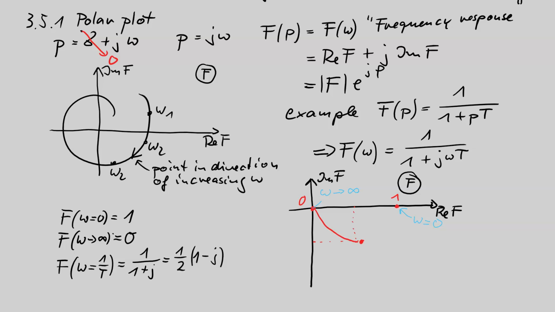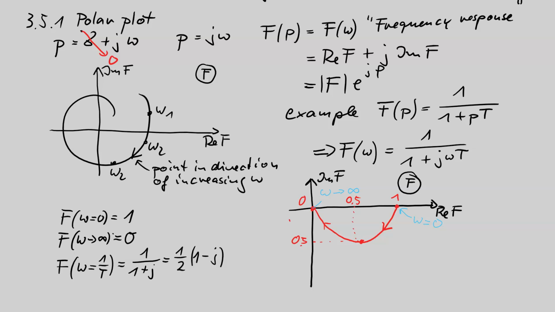This is a circle starting with real part 1, going through this point, 0.5, 0.5, ending in the origin of my diagram. So, okay, this is the polar plot of this system function.